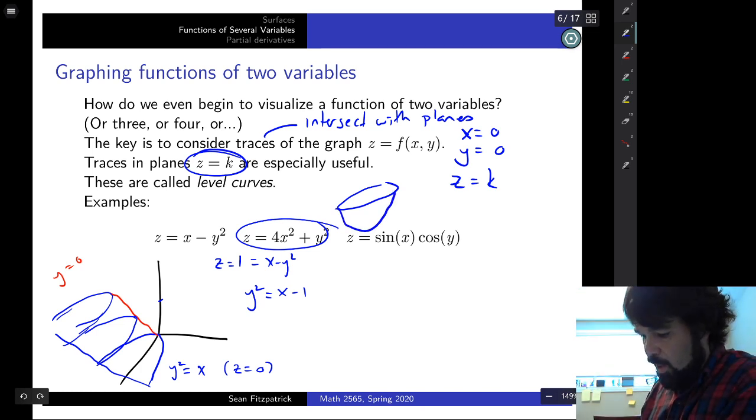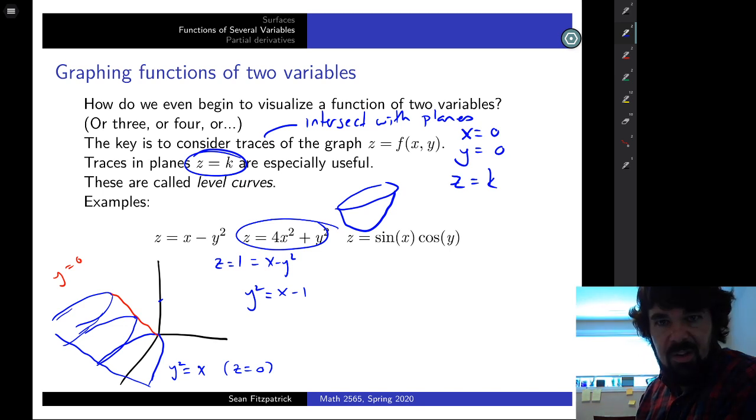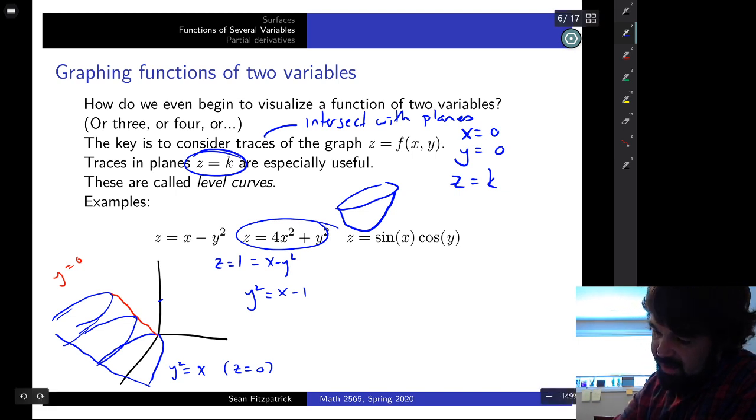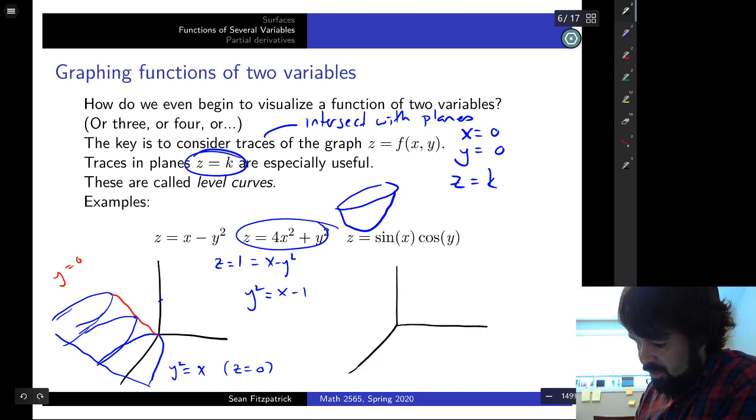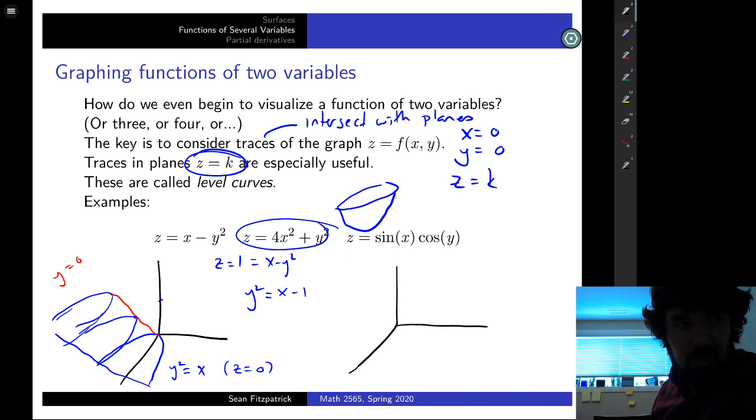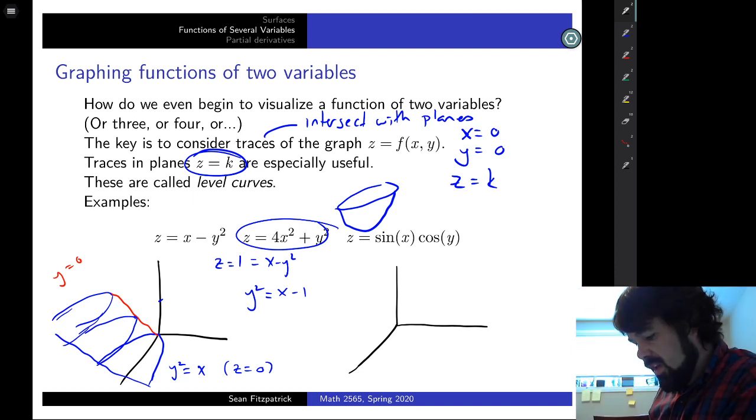opening upward. The sine x cos y, I'll let you put that one into the graphing utility and see what you get. It's kind of a fun one. It's an interesting one to try. And what you can think about for that one is, z has to be between -1 and 1 because sine x and cos y are between -1 and 1. And you can look at what happens if you hold x constant or you hold y constant, right?